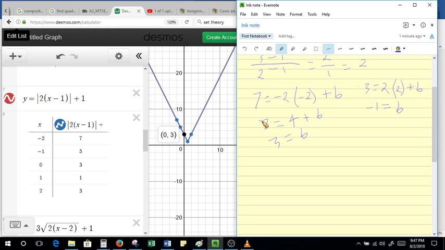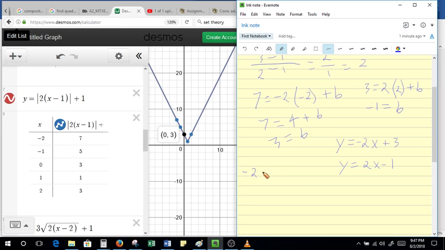So what we can do then to find this point, we can actually solve this as a system. So if we have y equals negative 2x plus 3, and we have y equals 2x minus 1, we can set these equal to each other. y equals y, therefore this must equal this.